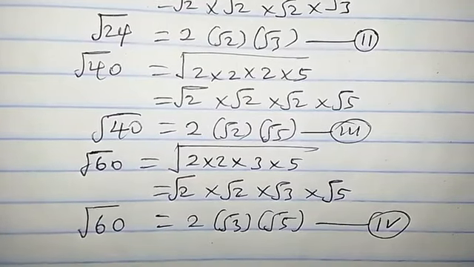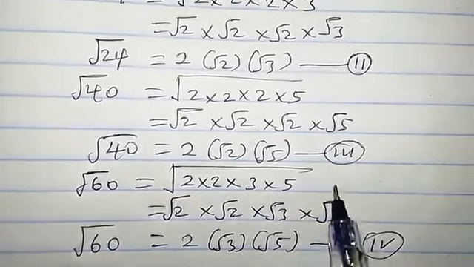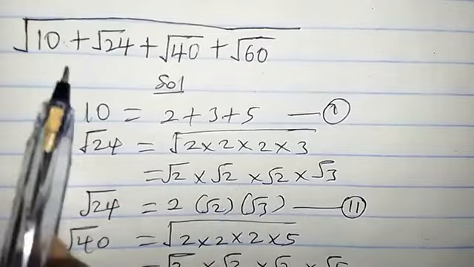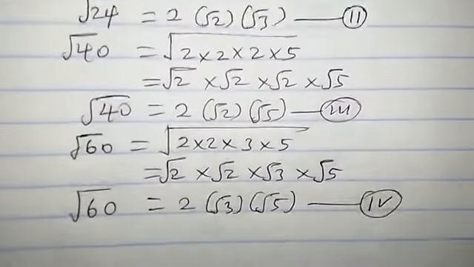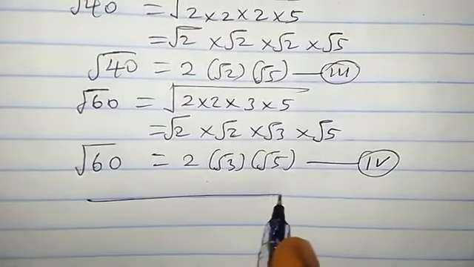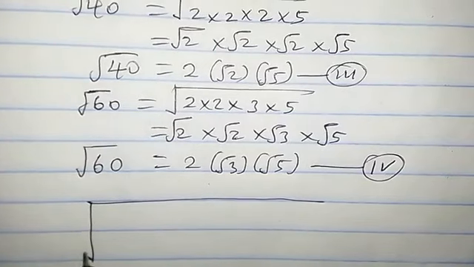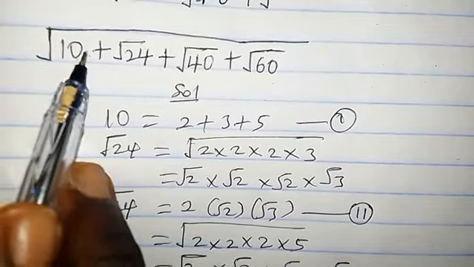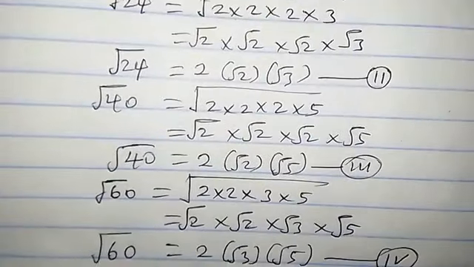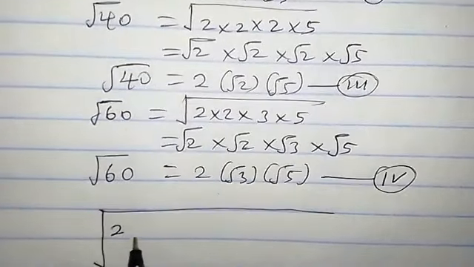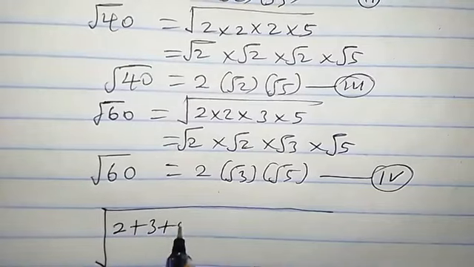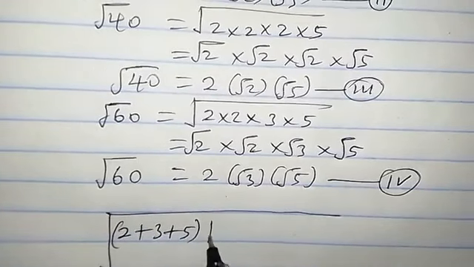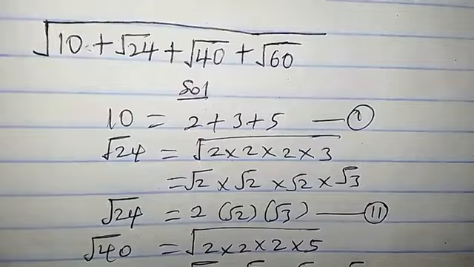So the next step is that we are going to plug in all these equations from 1 to 4 into this guy. So we're going to have square root, a very big one, of what is 10. We're going to replace 10 with this guy. So we're going to have 2 plus 3 plus 5. So let's put it in bracket. Plus what next? That is square root of 24.